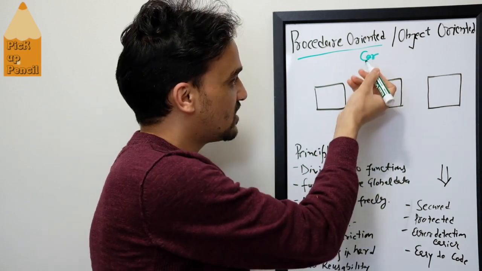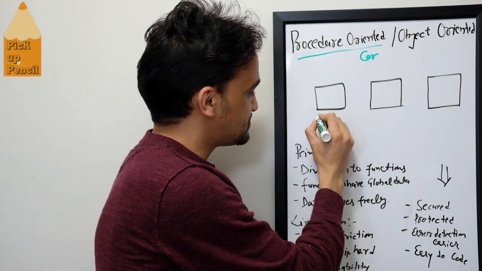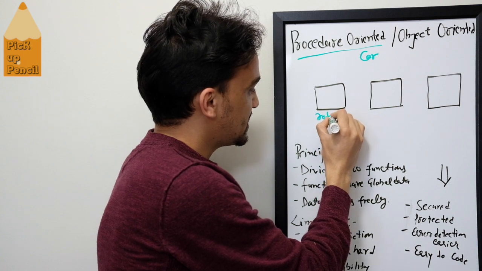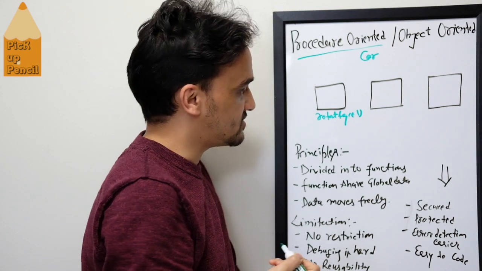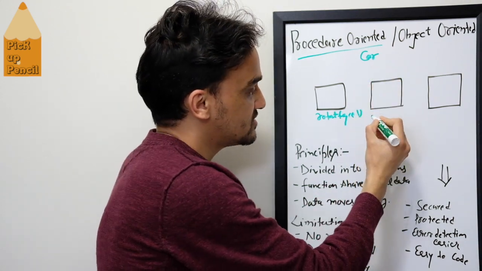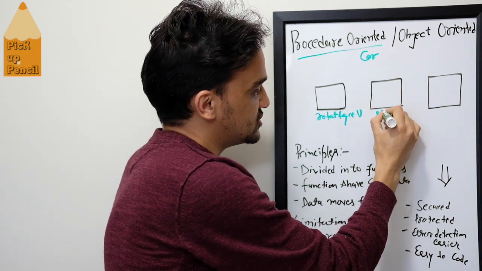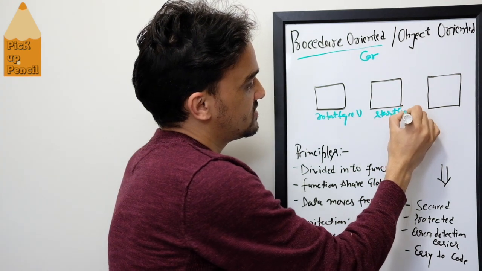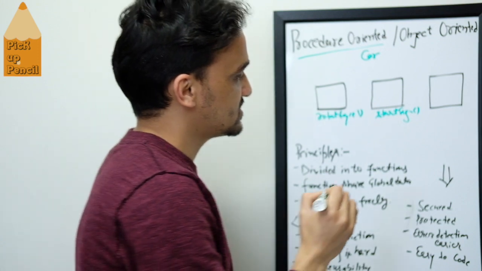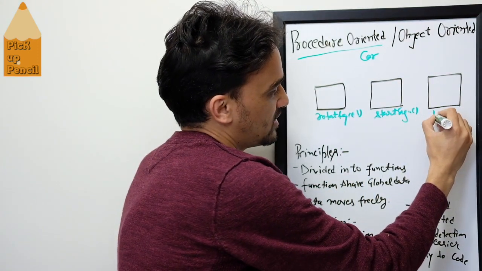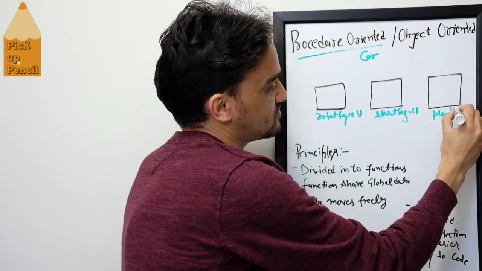Let's suppose a car needs a rotate tire function. Rotate tire. Another function the car needs is start engine. And maybe a third function a car needs is play horn.